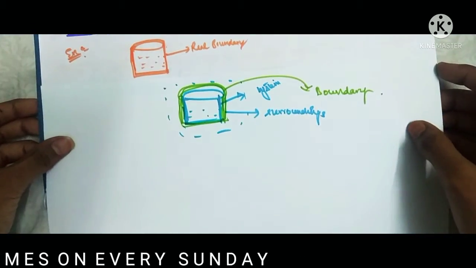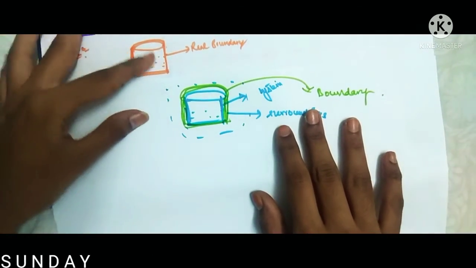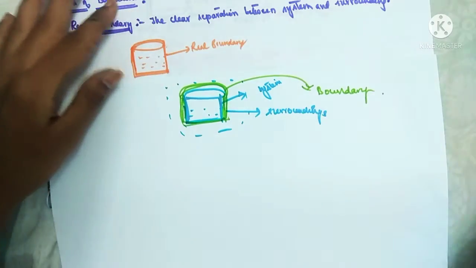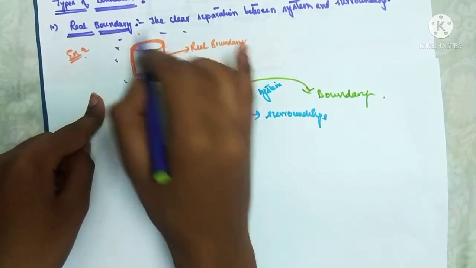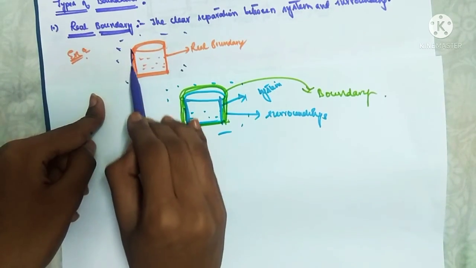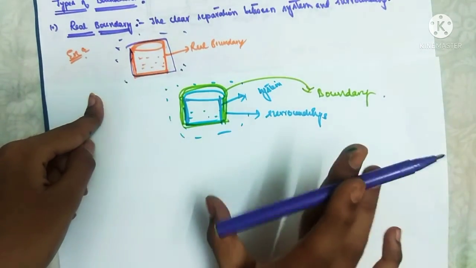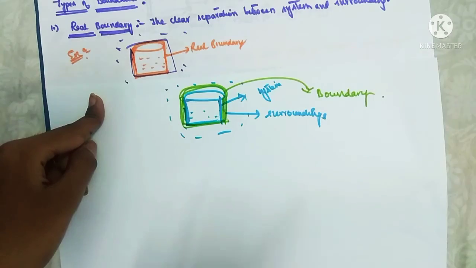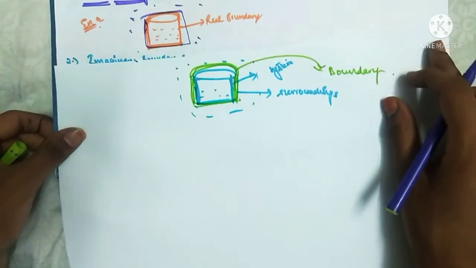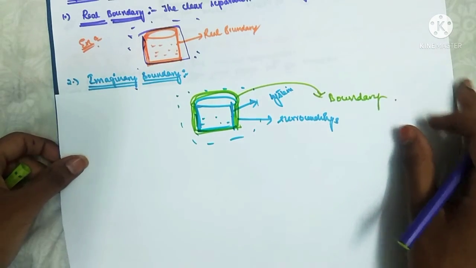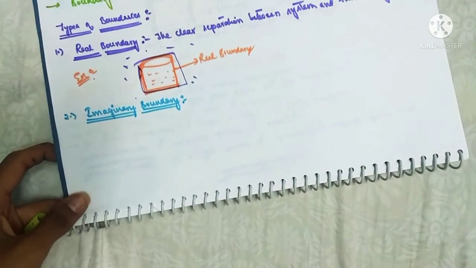If you take one example, this is the beaker which contains water and around it is the surroundings. So here the surface of the beaker is the clear separation, that is, it's a real boundary between the system and surroundings.